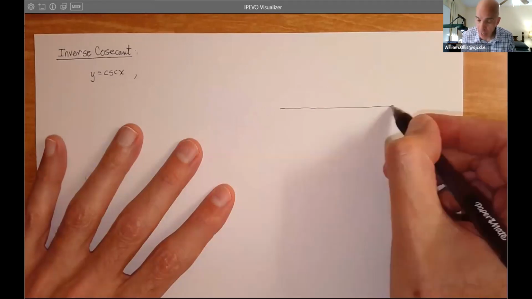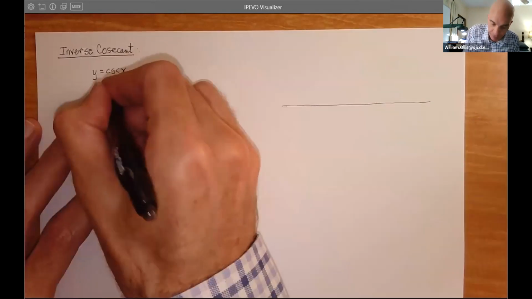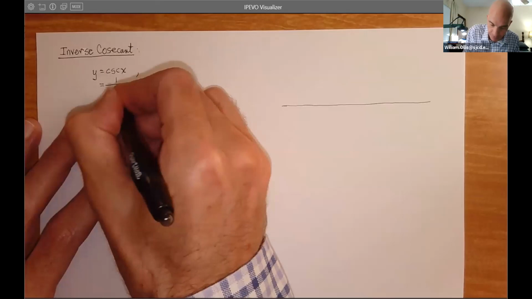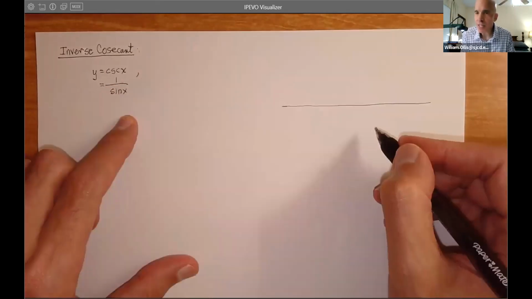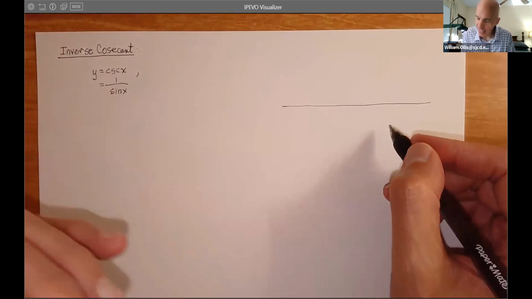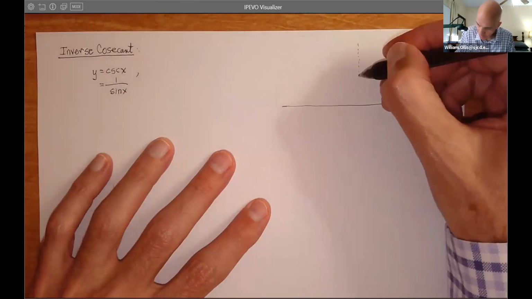Now remember, the cosecant is 1 over sine. So we're going to have, just remember what this looks like. And so we're going to have vertical asymptotes at 0 and pi and negative pi and things like that. So let's go ahead and draw a little bit of it.